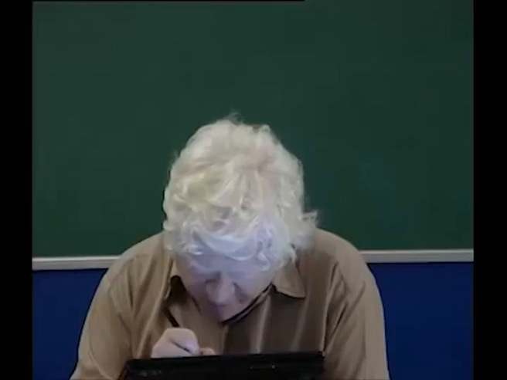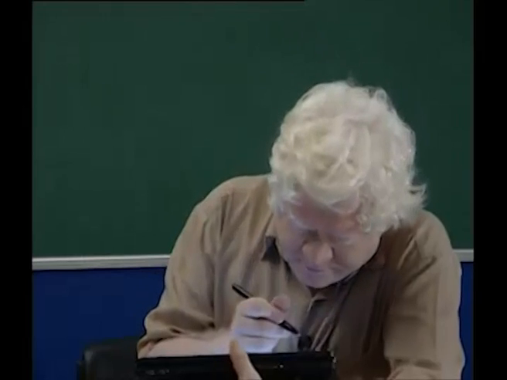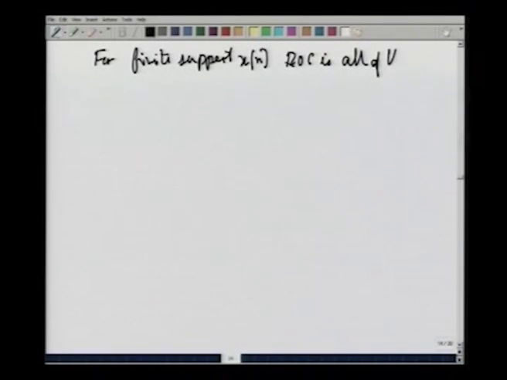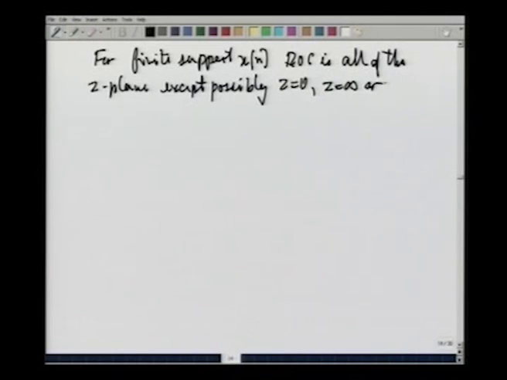So, let us summarize what we have found. For finite support x[n], the ROC is all of the z plane except possibly z equal to 0, z equal to infinity, or both.